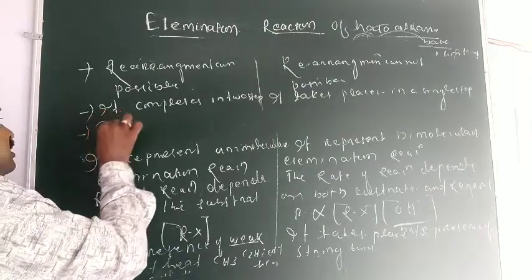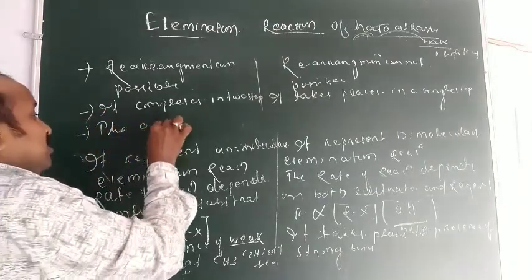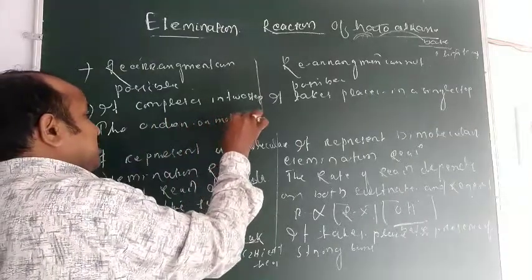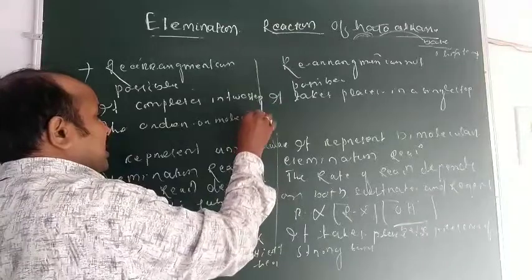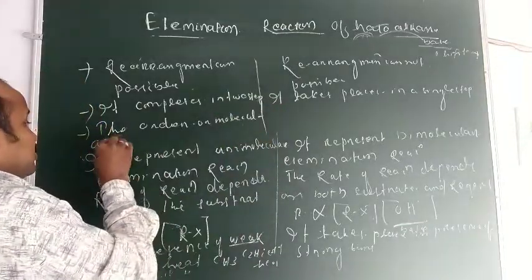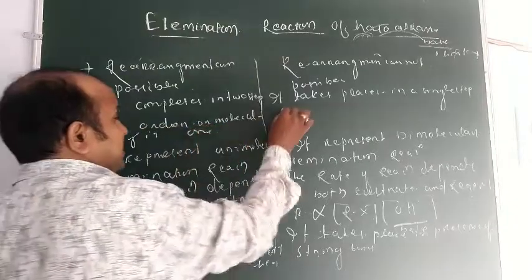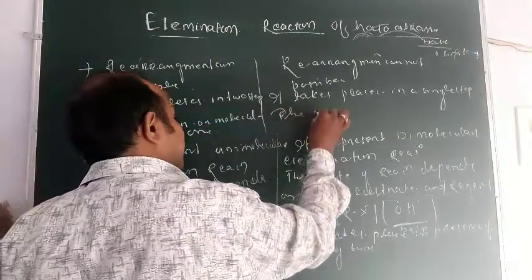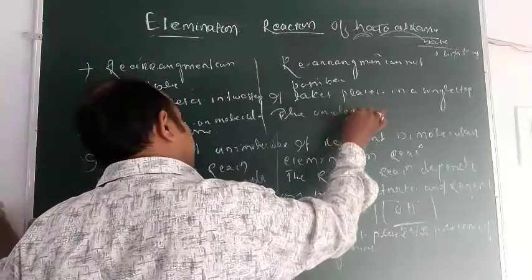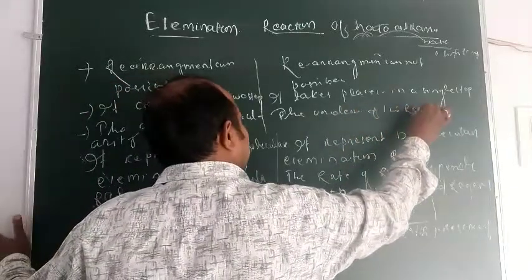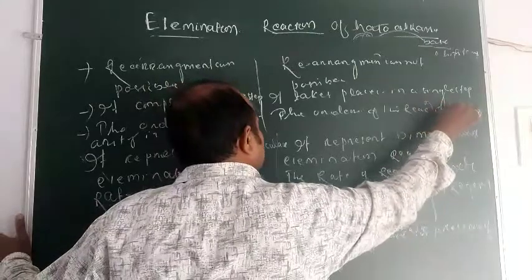The order or molecularity of the reaction is 1 for E1, but for E2 the order or molecularity of the reaction is 2.